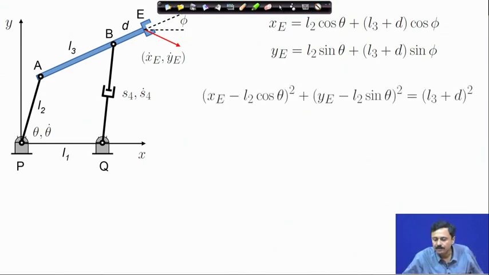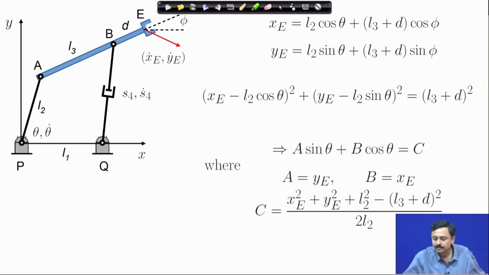Now, if you eliminate phi between these two relations, we ultimately arrive at a relation involving xe, ye and theta. Here A, B and C are functions of xe and ye.